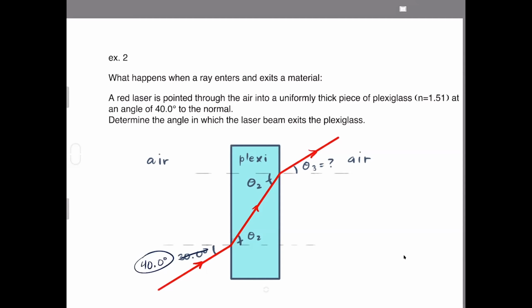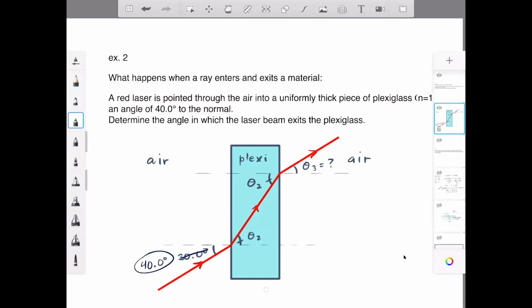Now, there's an easy way of doing this, and there's a harder way of doing this. The easy way is to use geometry and symmetry. If we have a uniformly thick piece of glass, as you see right there in the middle, we know that this theta 2 over here and this one have to be the same because it's like taking a rectangle and then drawing a diagonal line across.